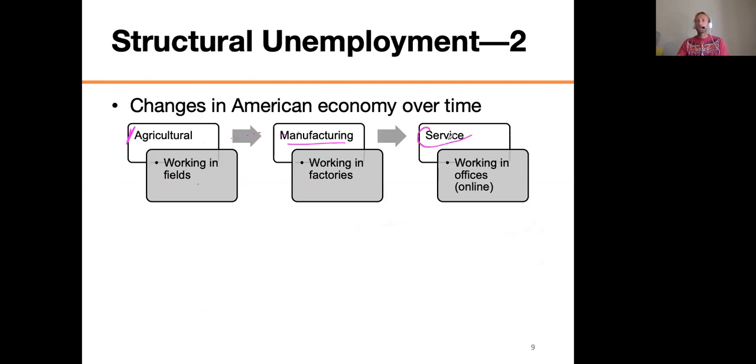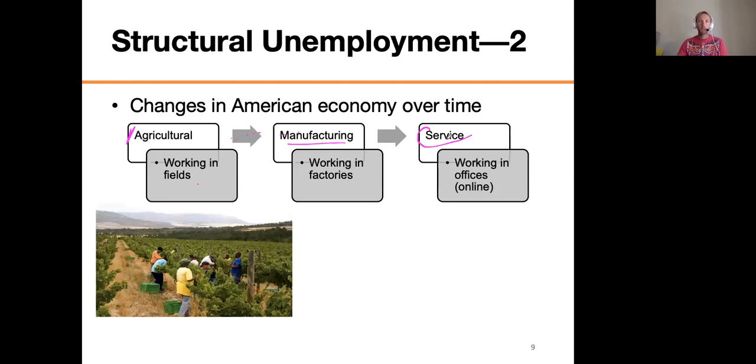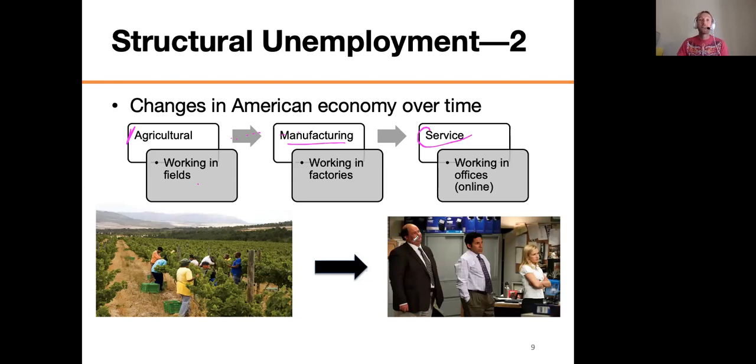We're service industry, or we work online. I currently am working online. So we went from agricultural to working in offices, right? So today, the United States is in fact a service economy, where what we produce is mostly services and not necessarily goods as much anymore.